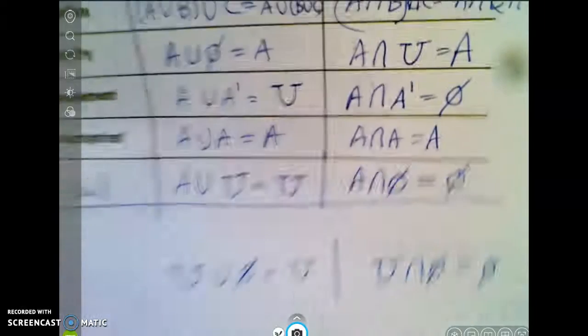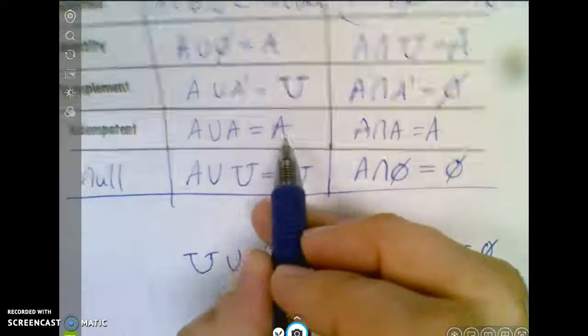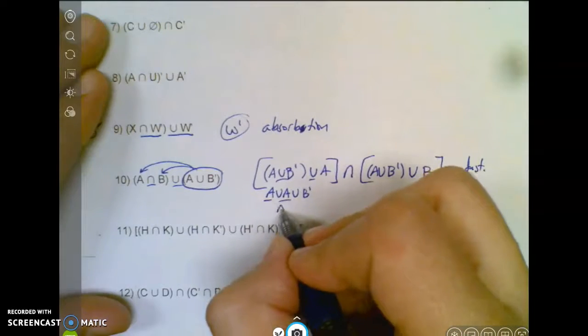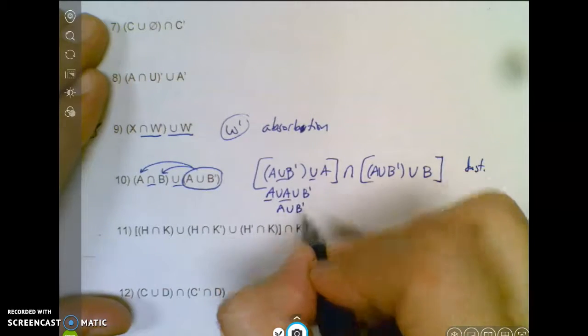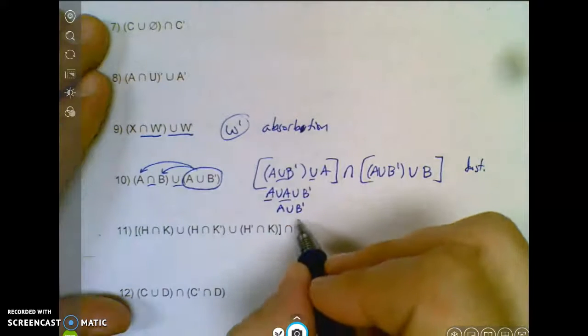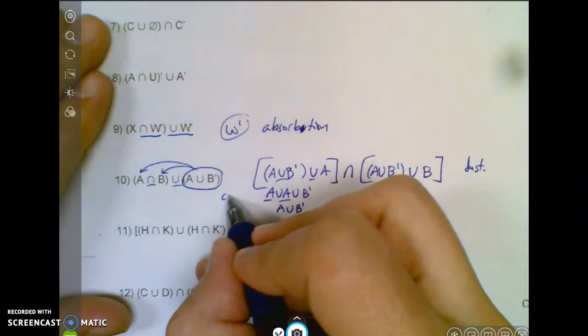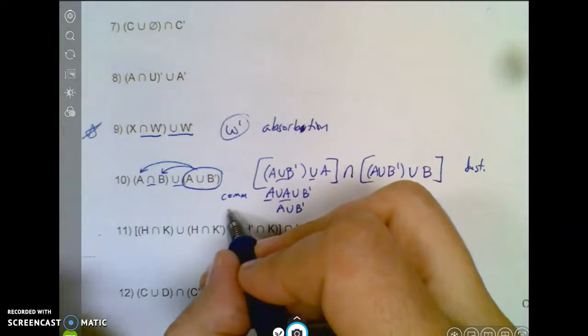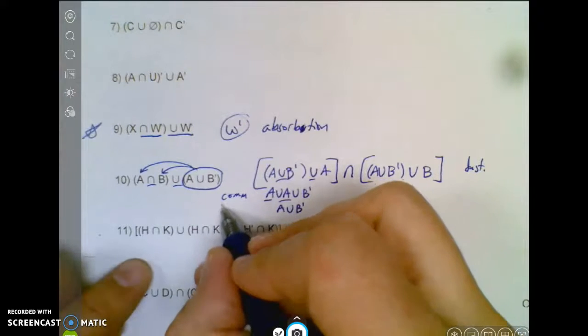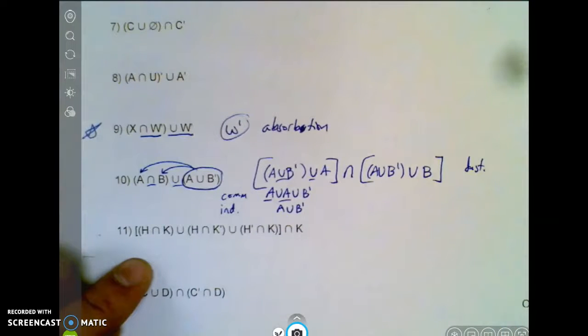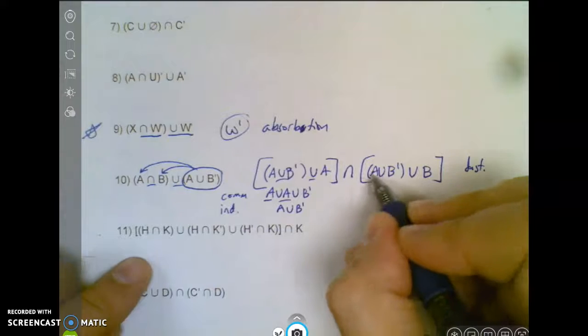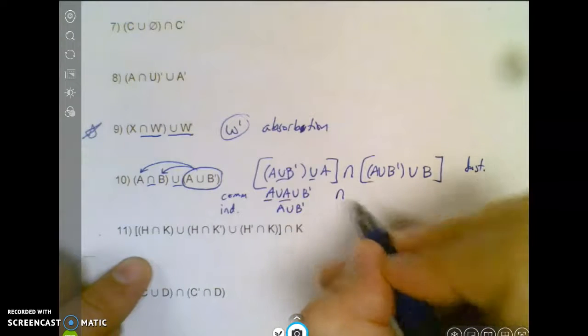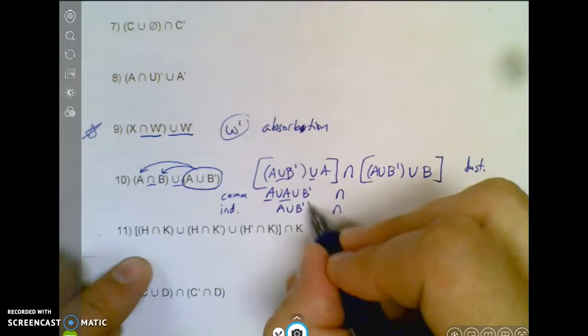And when I put an A together with an A, I get an A. Hey, shocker there, right? So it simplifies a little. So it got rid of some stuff. This was commutative property. And this was the idempotent property.